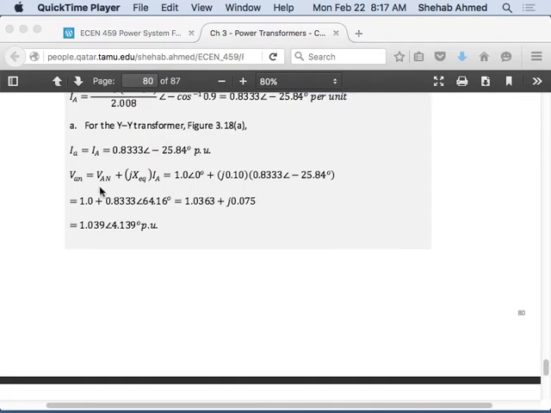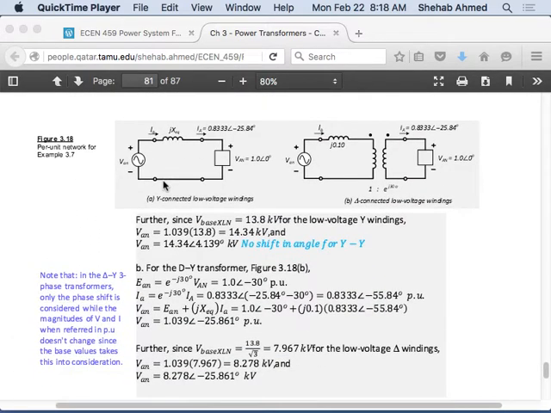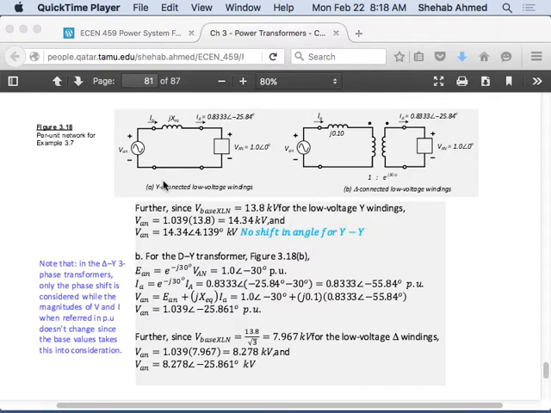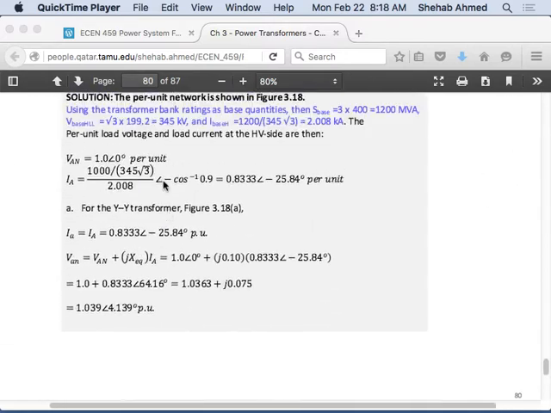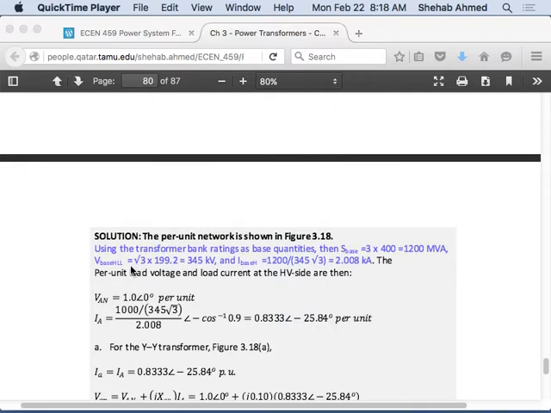That was just basically the secondary voltage plus the drop across the impedance multiplied by the current. Okay, and now how do you convert it back to actual values? You have to multiply it by the base. We had chosen the base of the line-to-line voltage on the high voltage side, V base high line-to-line, is 199.2 square root of 3.